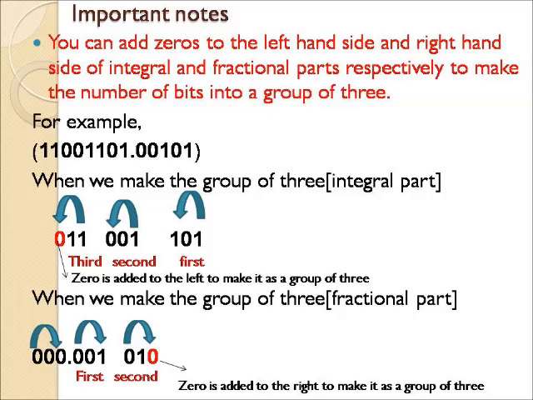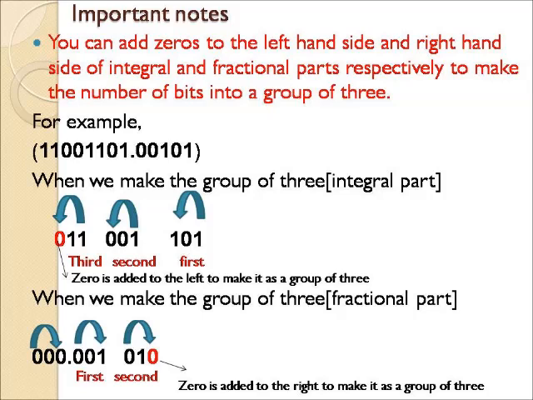I can explain what I have written on the screen using an example. Here in the example, a binary number is given. You can see that it has an integral part as well as a fractional part. When we form the groups of 3 for the integral part, you can see that in the last group there are only 2 digits.